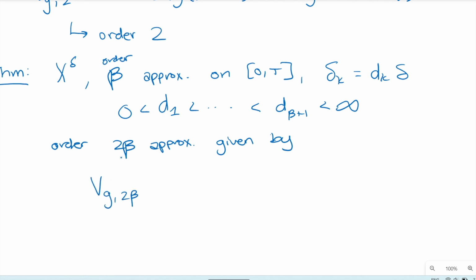V g 2 beta delta is the sum of ak times the approximation at each of these scales.